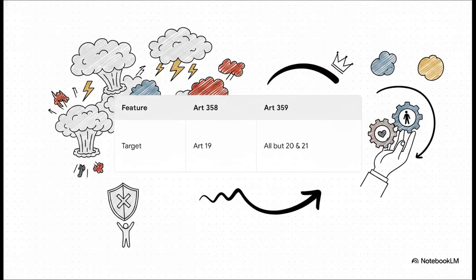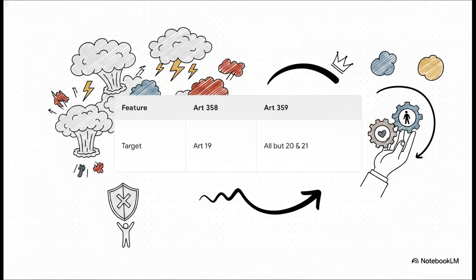Well, Article 358 deals with the automatic suspension of Article 19, which covers those basic freedoms, but only if a national emergency is declared specifically due to war or external aggression. But then look at Article 359. This gives the president the power, through a separate proclamation, to suspend the enforcement of all fundamental rights, except for those under Articles 20 and 21.